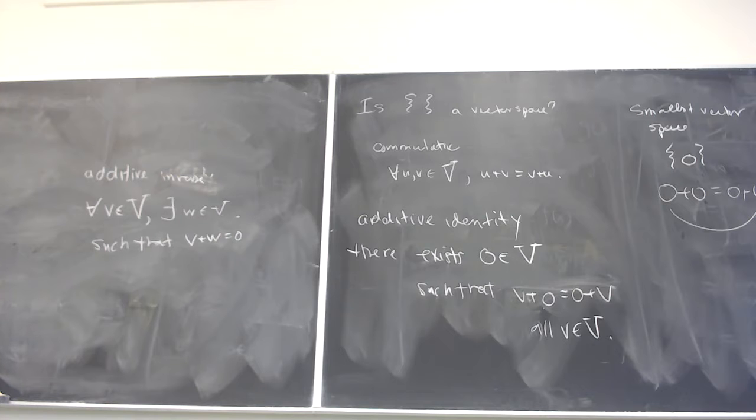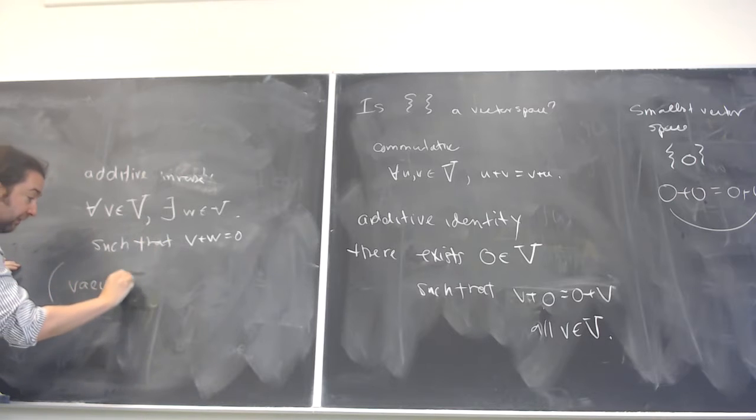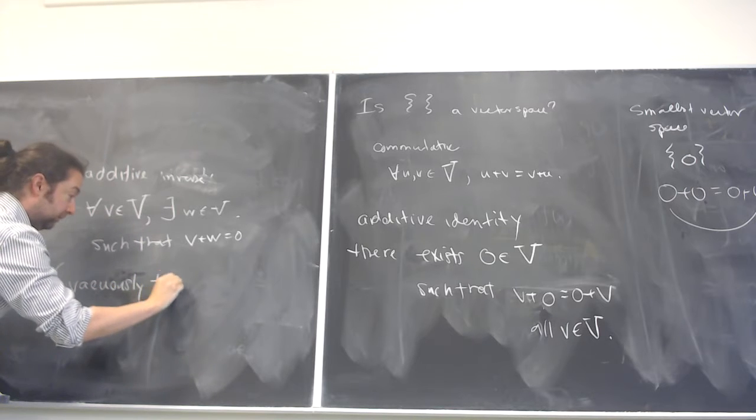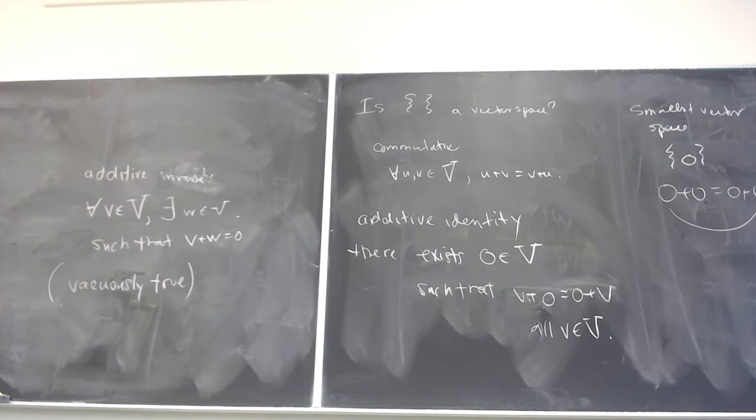Okay, if you're going to tell me that statement is false, you need to find me a V that doesn't have an additive inverse. So where is the V inside that set that doesn't have an additive inverse? Well, there is none because there's nothing in it. So this is a true statement, but the statement is vacuously true. It's true because there's nothing to apply it to.